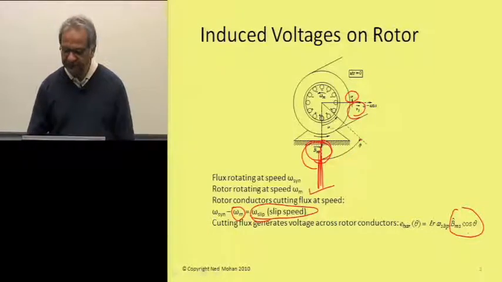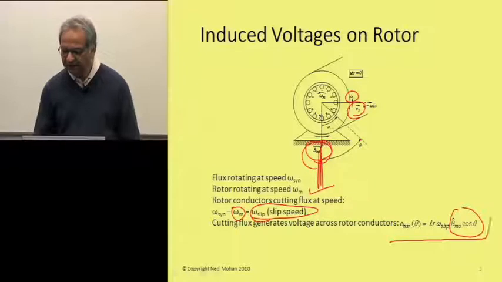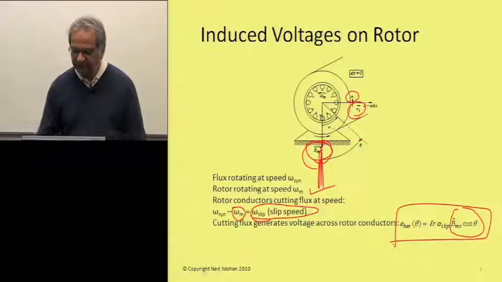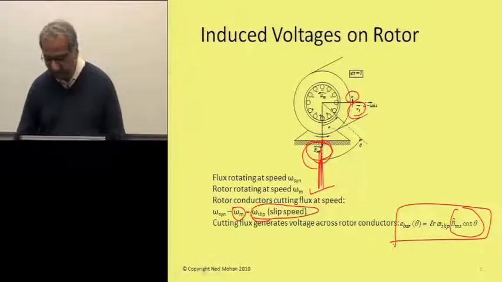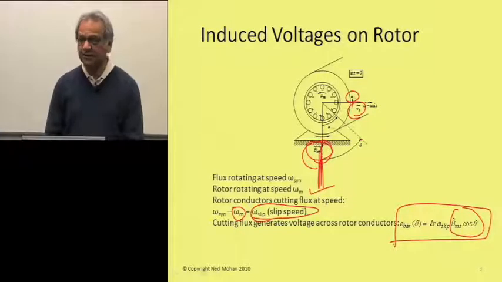So this is the flux density, and at a bar located at an angle theta, this will be the voltage induced, making use of the fundamental principle that induced voltage is BLU.